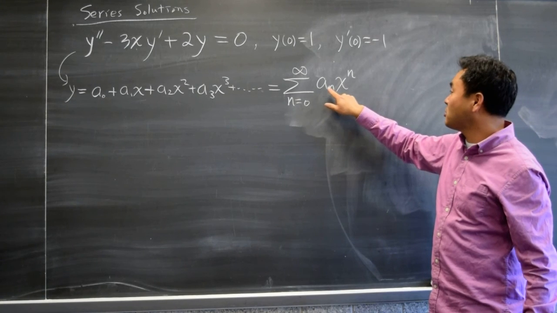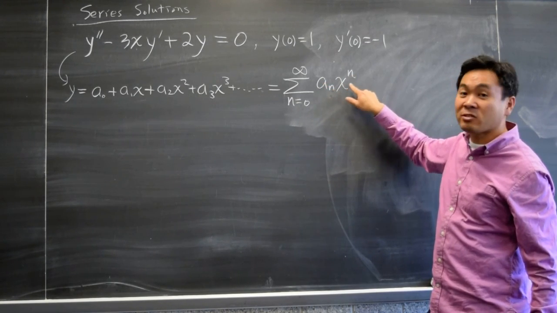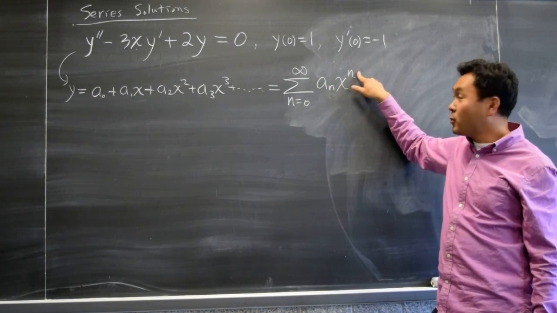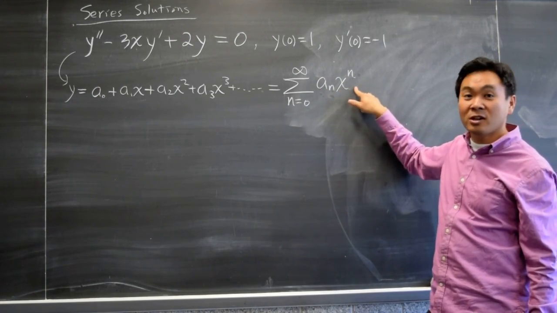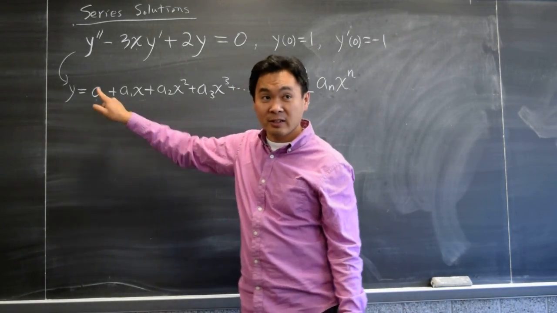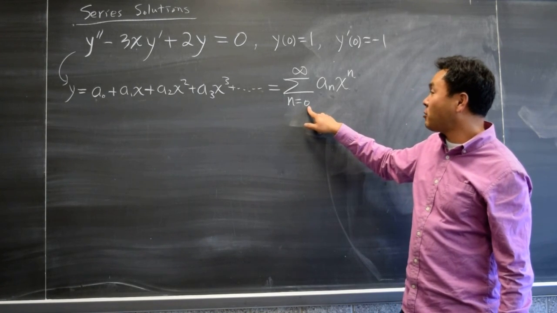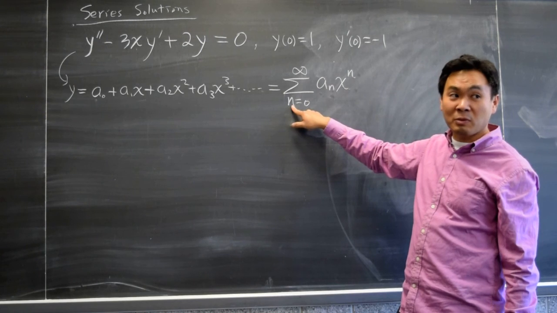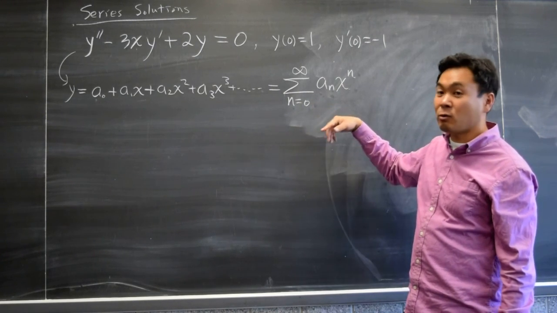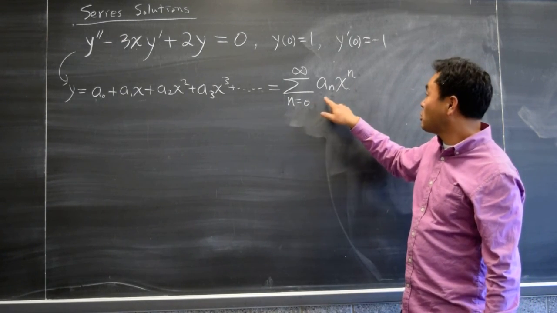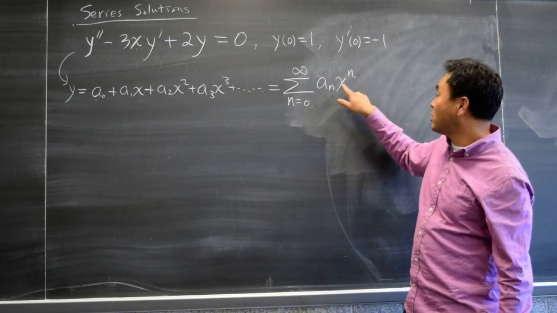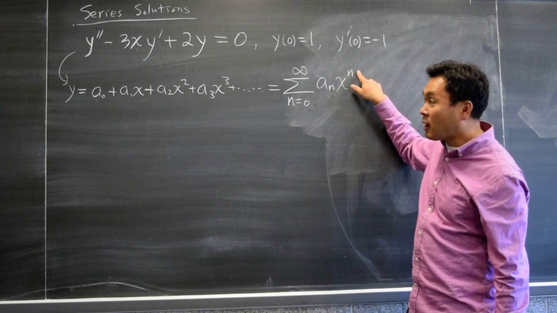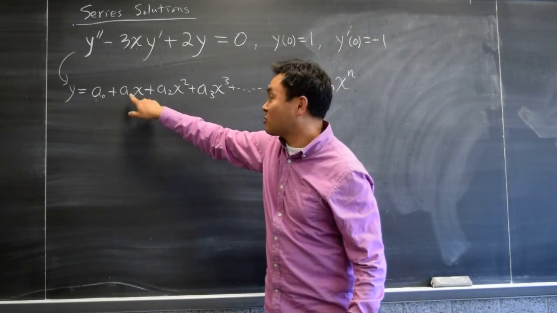When n is 0, this is a0 x to the 0th power. What's x to the 0th power? 1. So you get a0 times 1, which is exactly the same as this one, right? And then after that, you increase the number. The number after 0 is 1, right? So when n is 1, what do you get? a1 x to the first power, which is exactly a1x, right?